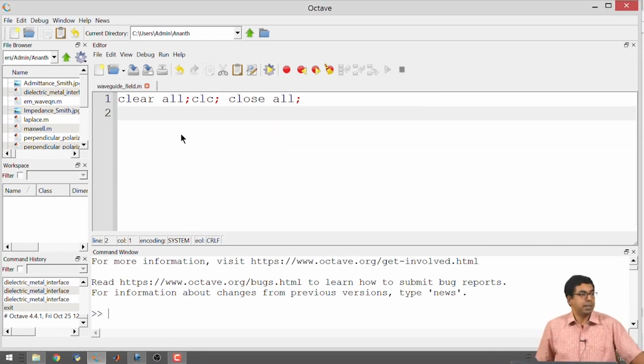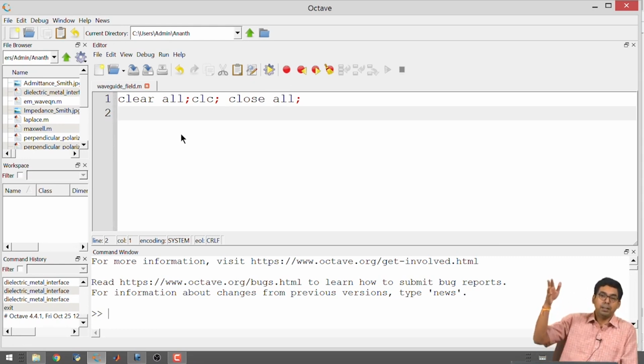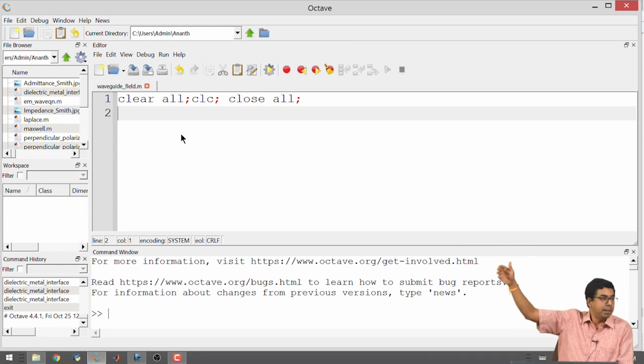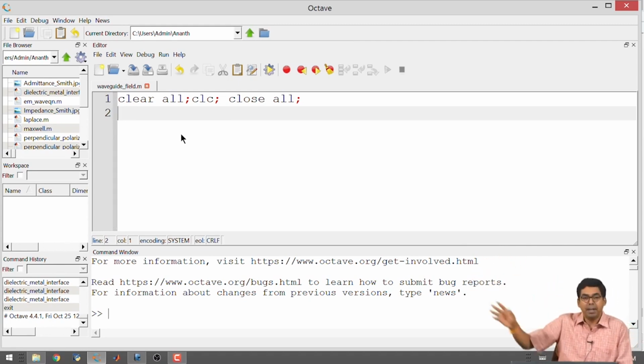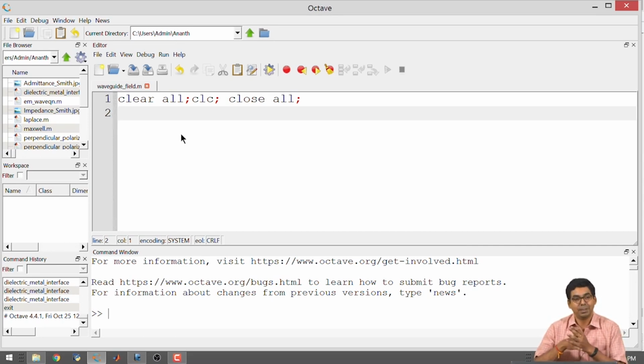The idea is to just take the form of the general expression. We are not going to solve the wave equation and try to find out. All we are trying to do is, we had some sin(m pi by a x) sin(n pi by b y), multiplied by e to the minus j beta z. We just want to see what that visually would look like, because it is a very complicated expression. We have to see what it looks like, that is the whole objective.